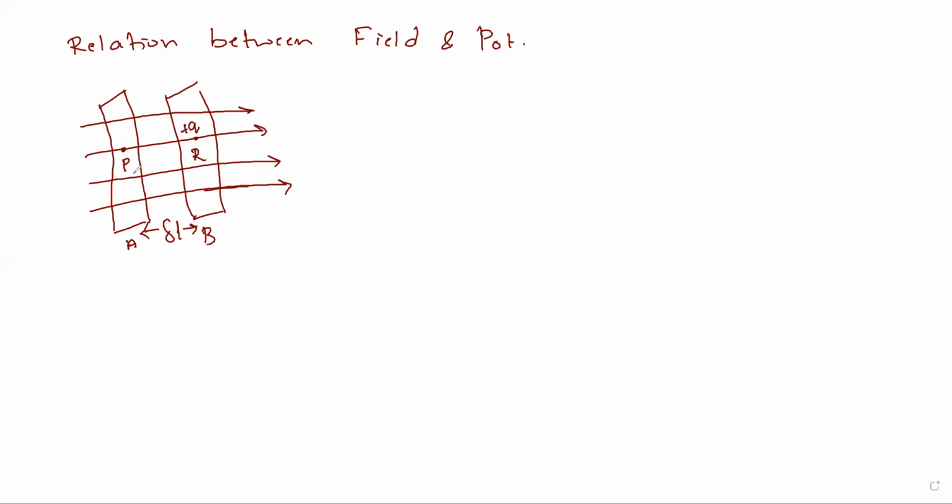The next thing we did is we considered two points, one in plane A and the other in plane B. In plane A we named it as P and in plane B we named it as R. And then let us assume there is a positive charge at point R in plane B. Now we have to move this charge from R to P.